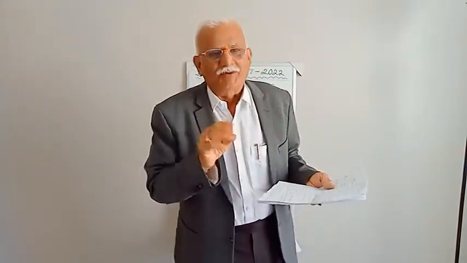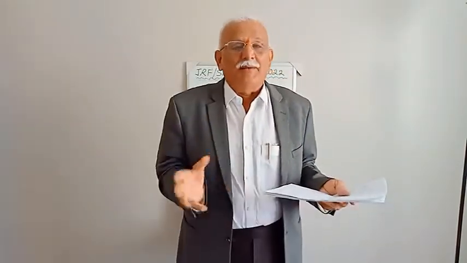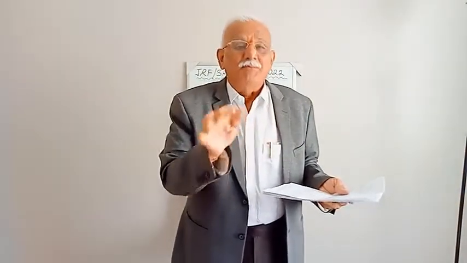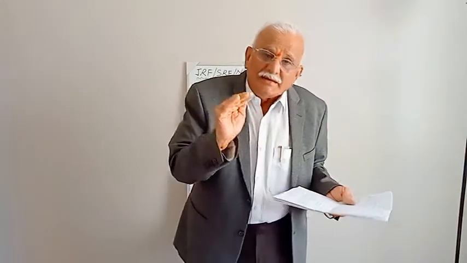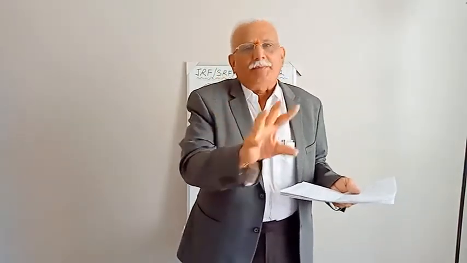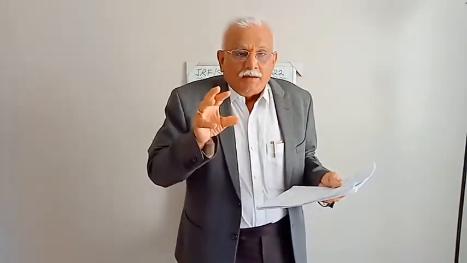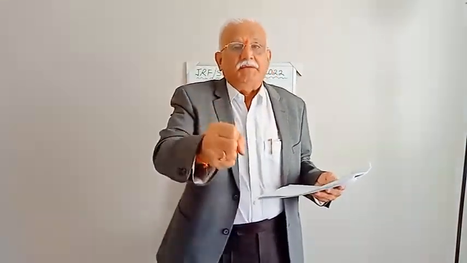I have worked on wheat date of sowing experiments only. When it is delayed, what is happening? The duration of the crop is decreasing, thereby the fertilizer consumption by the delayed sown crop is decreasing as compared to the optimum date of sowing. So here the answer is both A and R are correct. The reason R is the correct explanation of assertion A.